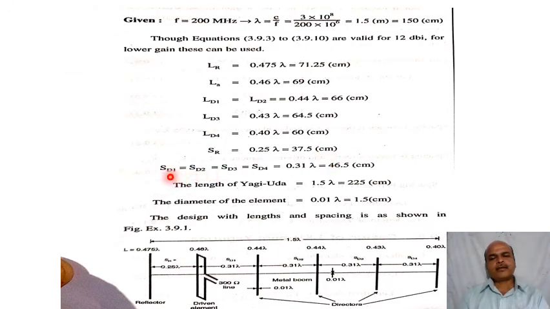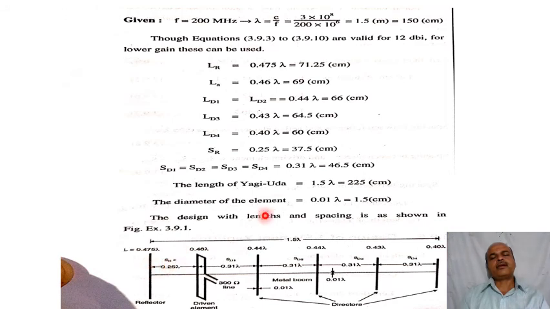Then there are n directors: SD1, SD2, SD3, SD4. Each is equal to 0.31 lambda. Length of the Yagi-Uda array is 1.5 lambda, which is nearly equal to 2.25 meter. Then the diameter of the element is given by 0.01 lambda, and we get the value 1.5 centimeter.